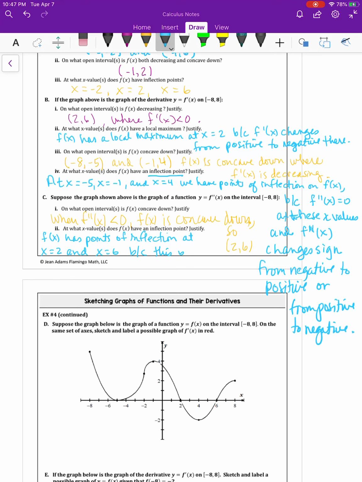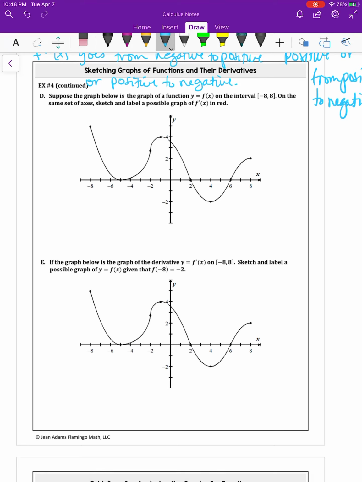So it either goes from negative to positive or positive to negative, okay?